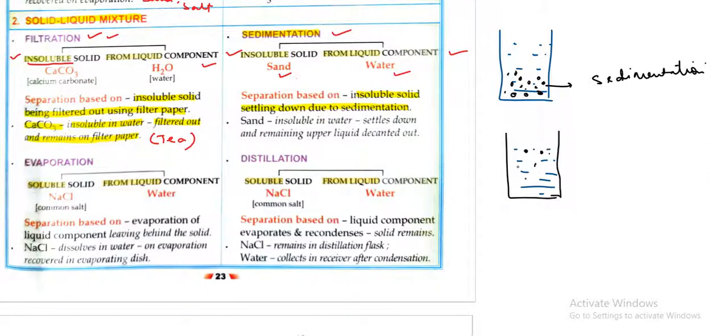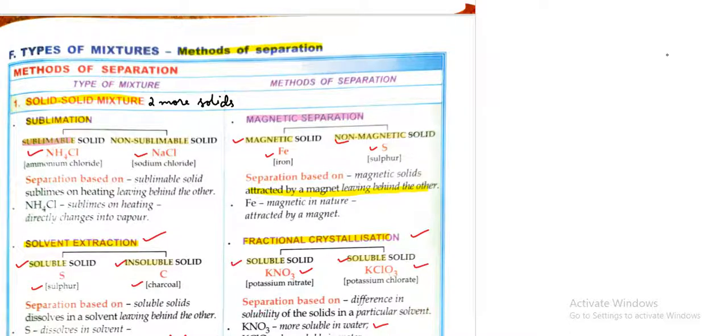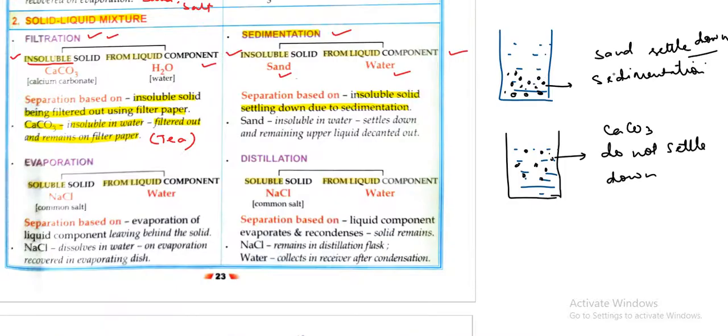Yes, they do not settle down, but the sand settles down. That is why, if it settles down, then we can use the sedimentation technique. But if it doesn't settle down, then we will use the filtration technique.